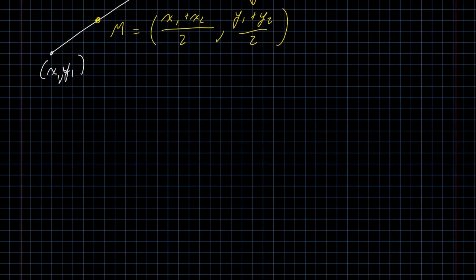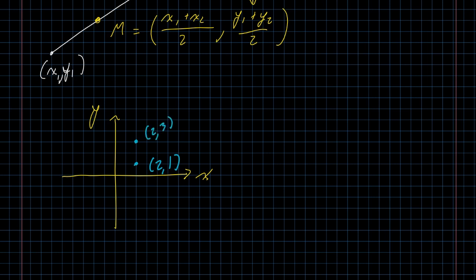All right, so let me sketch out some coordinates here. So we've got our nice xy plane, and let's just plot a couple of points. Start with the point 2, 1. Here is the point 2, 3.